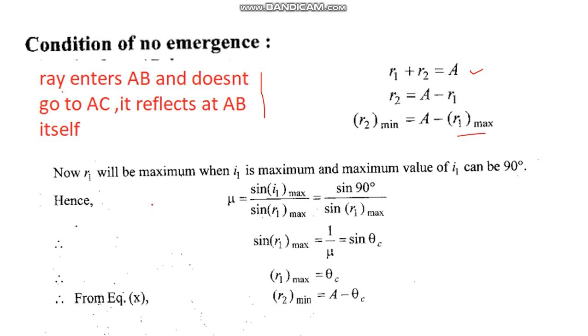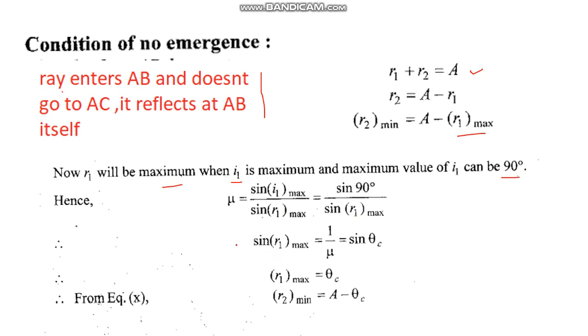Now R1 will be maximum when I1 is maximum, because mu is equal to sine I by sine R. If R is maximum, then I1 has to be maximum, and the maximum value of I can be only 90 degrees. So putting in this equation, mu is equal to sine 90 divided by sine of R1 max.